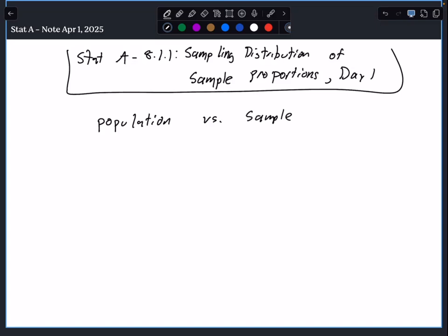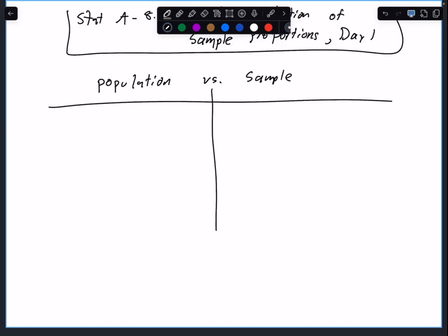So again, a population is everyone. The population is first and foremost everyone in the population of interest. We also call this a census, right?